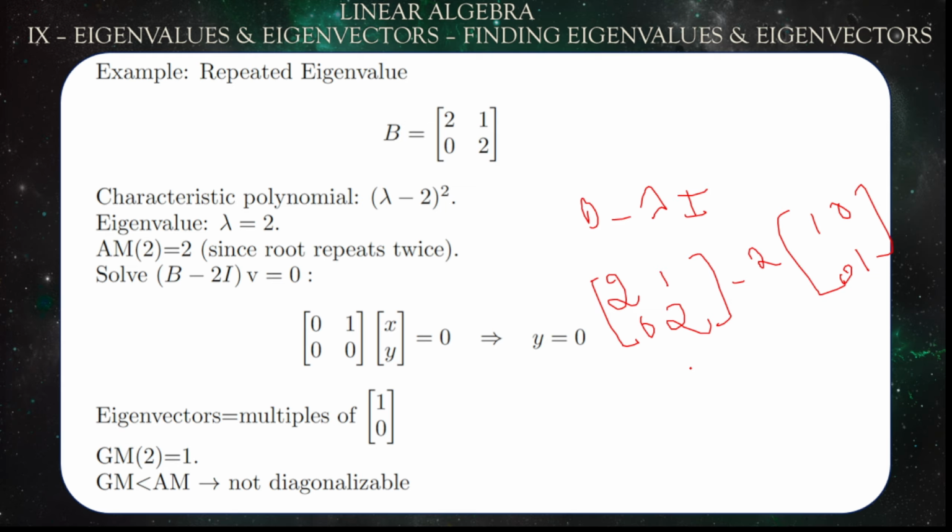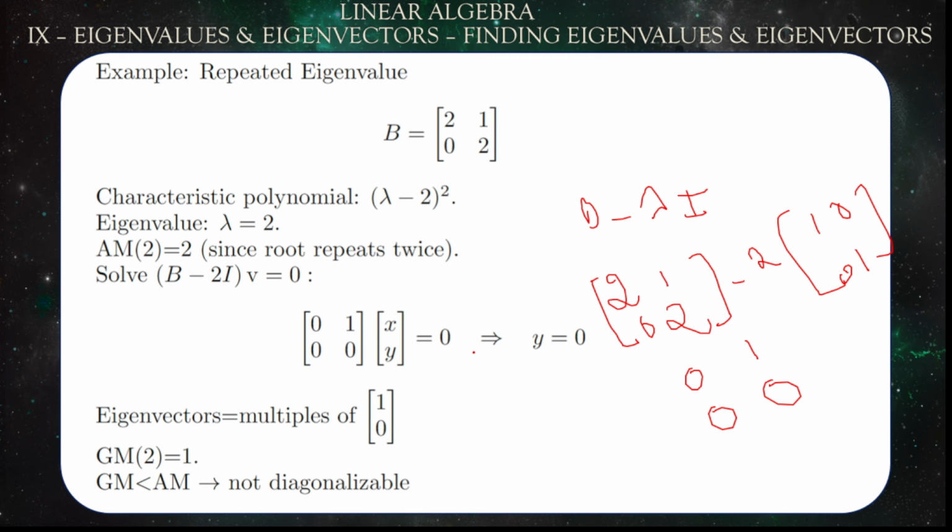So 2 minus 2 is 0, 1 minus 0 is 1, because minus 2 times 0 is 0. Then 0, and 2 minus 2, which is 0. So you end up with this matrix.